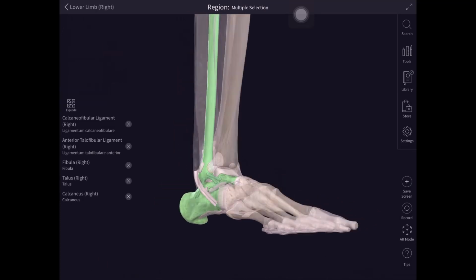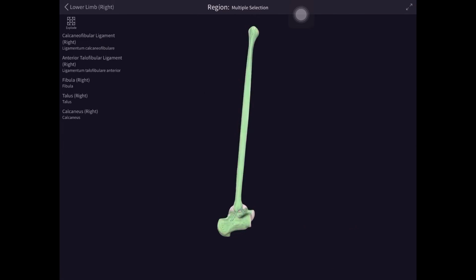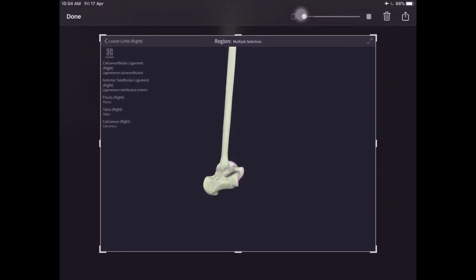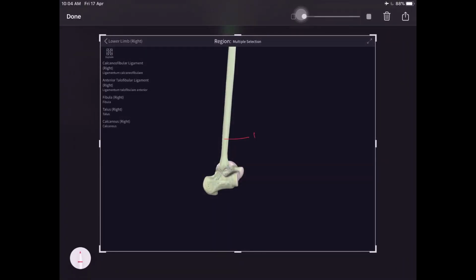That's our fibula, and this is the anterior surface of the lower end. I have to just twist it. These all come from the anterior margin. This one is your talus, and this is your calcaneus, the heel bone. You see this ligament attaching from the fibula to the talus, you should call it the talofibular ligament.